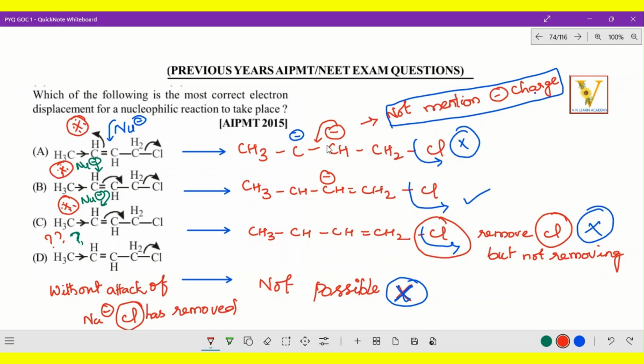And how is it possible that the electrons are transferring to the left side while the right side Cl minus is going away, and the minus charge has not been mentioned over here? So I just mentioned that point.